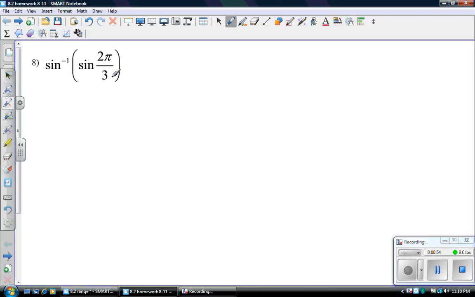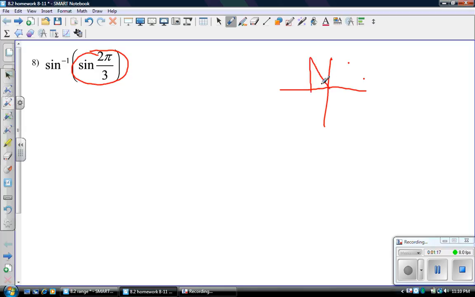So let's just go about it like we've done the other problems. First thing, I'm going to do just the sine of 2 pi over 3, and this is what we've been doing since November. So I go, okay, where is 2 pi over 3? Well, that's 4 over 6, so 1, 2, 3, 4 pi over 6.